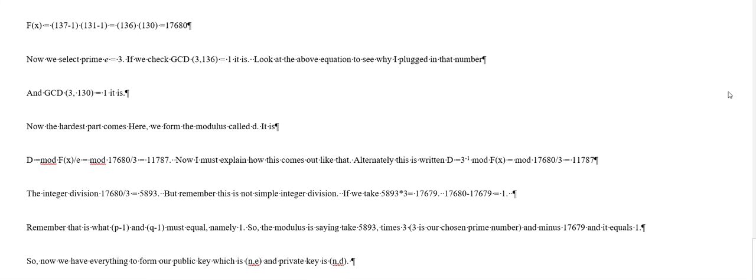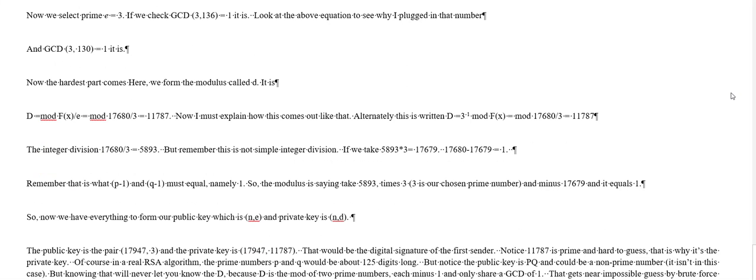And remember, that is what P minus 1 and Q minus 1 must equal, namely 1. So the modulus is saying take 5893 times 3, 3 is our chosen prime number, and minus 17,679, and it equals 1.